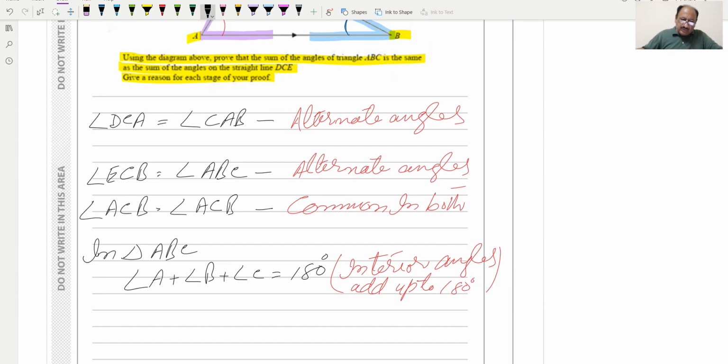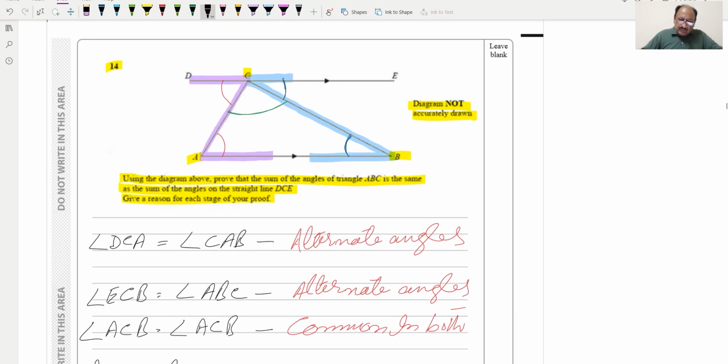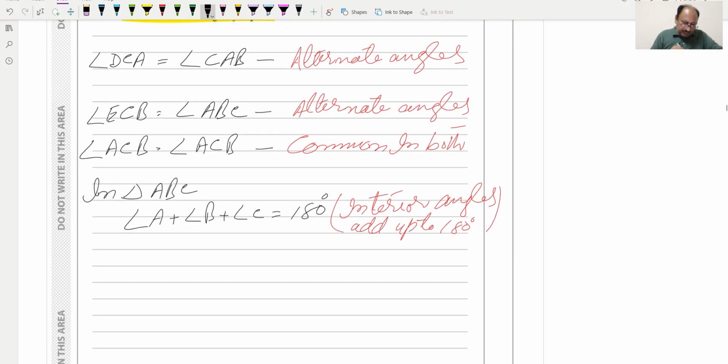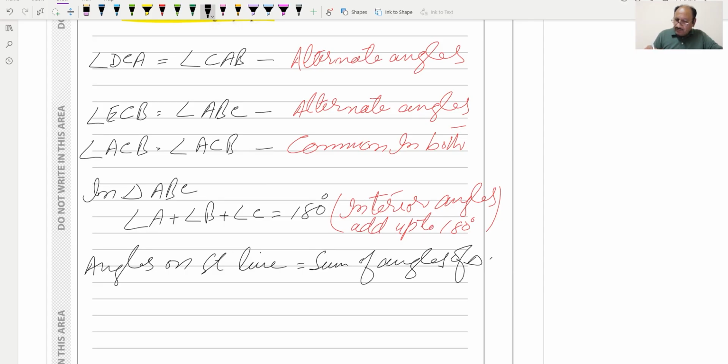Then we can write angles on a straight line DCE is equal to the sum of angles of triangle ABC, which is equal to 180 degrees.